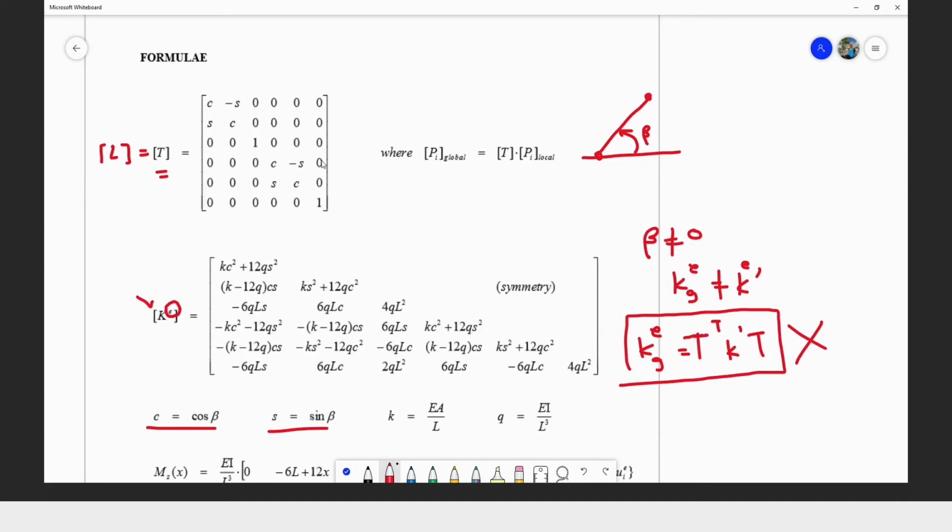So we have this T, and then we multiply by K prime, and then we multiply by T. Then we come out with this matrix, which is for whatever angle of inclination of your element. So when you plug in the numbers into this K matrix equation, it will give you directly your K in the global coordinate system.